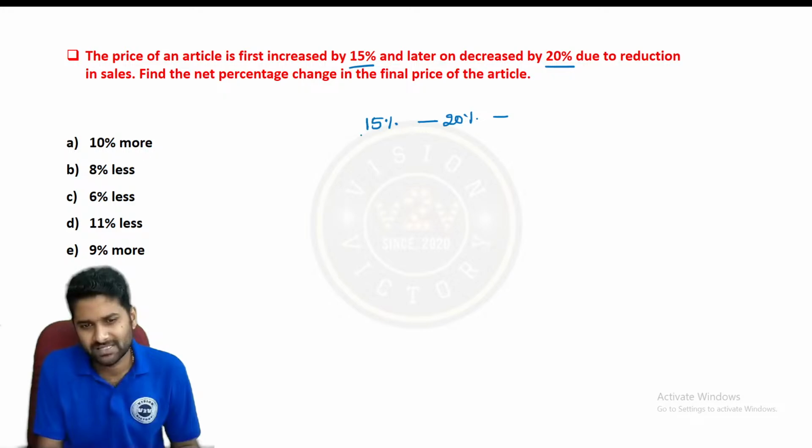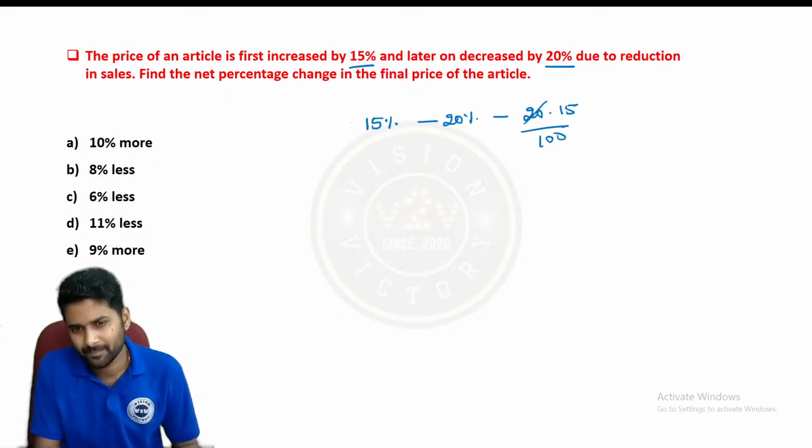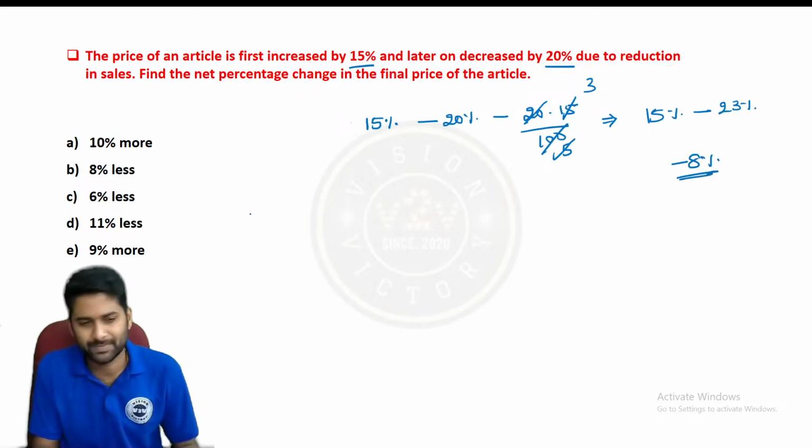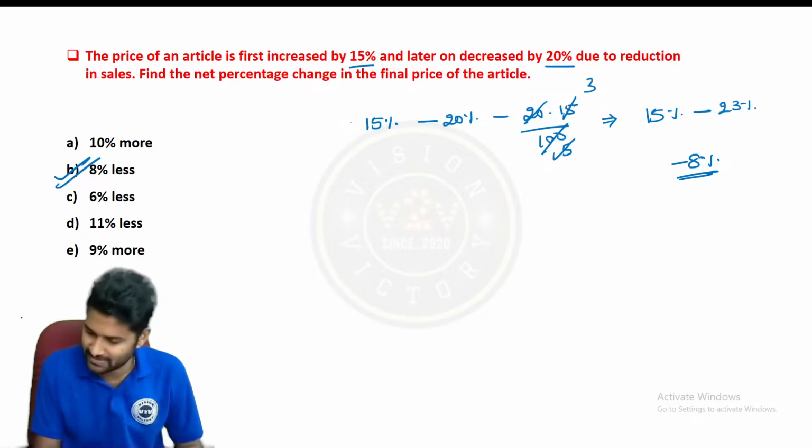Successive percentage means the product of the positive and negative is negative, 20 and 15 divided by 100. So you will get here 5, here you will get 3. So what is the total value you will get? 15 percent minus 23 percent, you get 8 percent. Minus represents less. So the answer is 8 percent less.